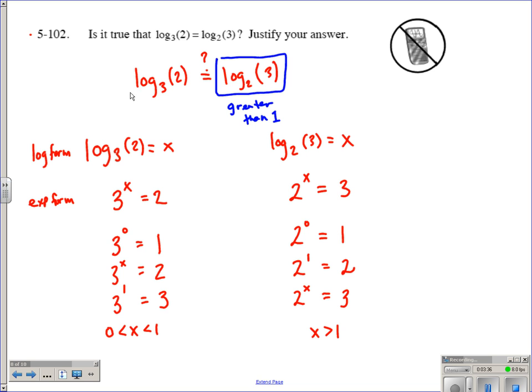Over here, this log base 3 of 2, we saw that it has to be between 0 and 1, so basically it's got to be less than 1. So if this one's greater than 1 and this one's less than 1, are they equal? No, they're not. So the statement is false.